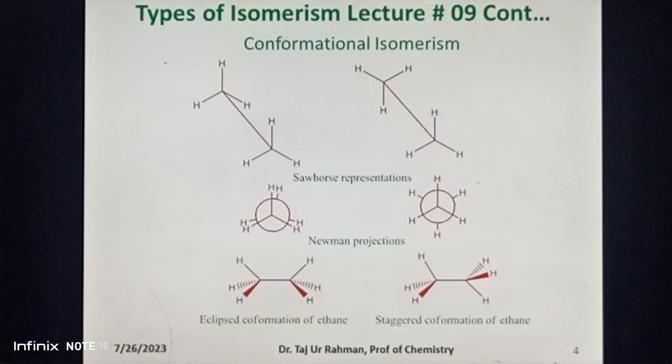Any angle between the carbon-hydrogen bond of the front carbon and the carbon-hydrogen bond of the rear carbon is known as the dihedral angle, which goes full circle from 0 to 360 degrees.